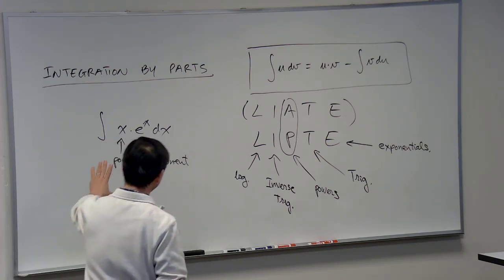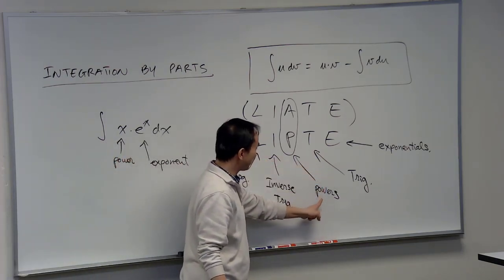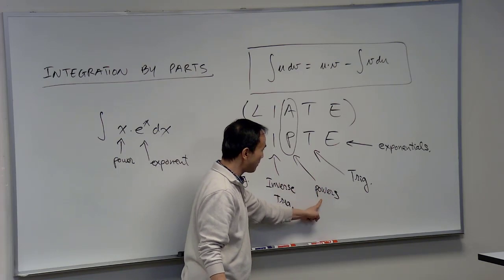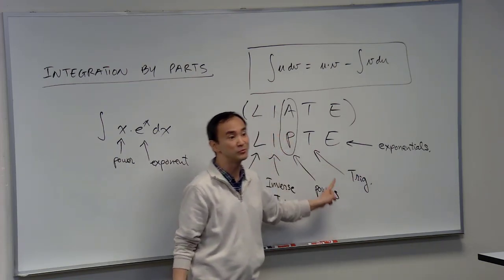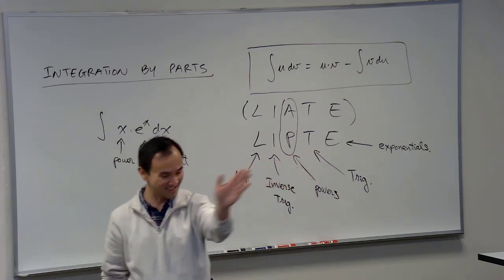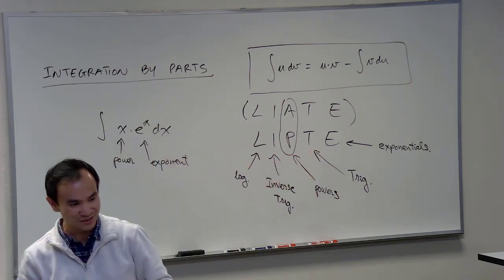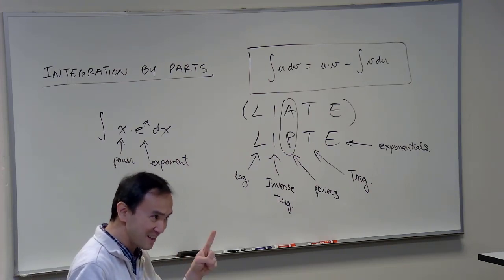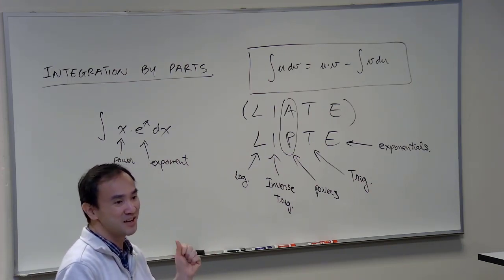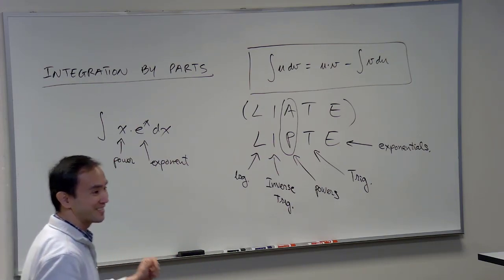On this chart, the power function comes before the exponential, so it has higher priority to be chosen. It's just a guideline indicating which one to choose first. I'm always saying it's a higher priority, because there's still a small chance that it fails.